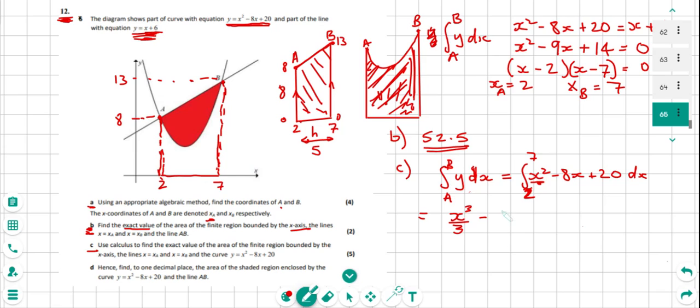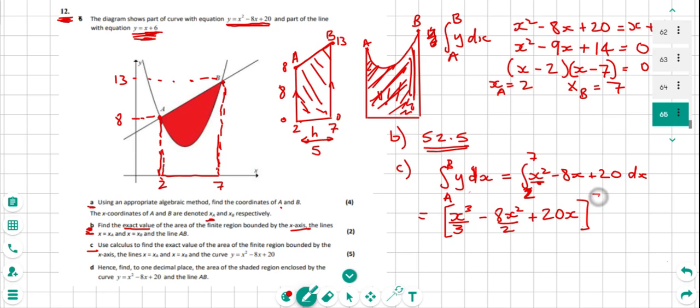And then we've got the minus 8x there. And if we raise the power by 1, it now comes up to a 2. So we're going to have 8x squared over 2. And then if we're integrating a constant, so 20 is a constant, it's just going to be 20 times x in this case because it's dx. And now we use the square brackets. So this is the convention.